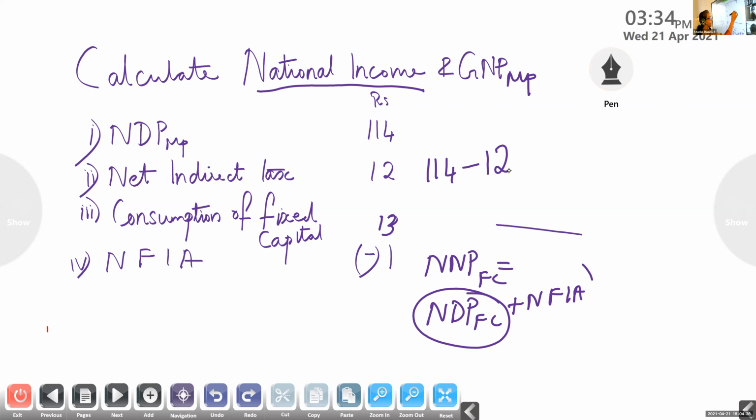With this, we have to add this NFIA. How much is it? Minus 1. So, what will be the answer? 101. So, rupees 101 is the answer.